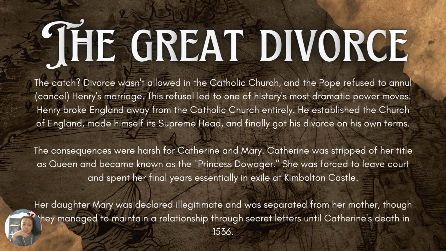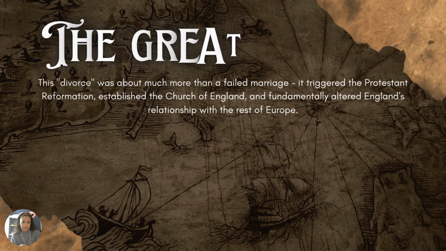Like, you know, the Cinderella movie with the ugly stepsisters? That's like that. So she didn't get to stay with her mom. She was separated from her mom and she was considered illegitimate. Like, yeah, you ain't considered Henry's daughter like that no more because he's not married to your mom. Crazy work. She did get to secretly send letters to her mom, so they had some kind of relationship, but it wasn't like that, right?